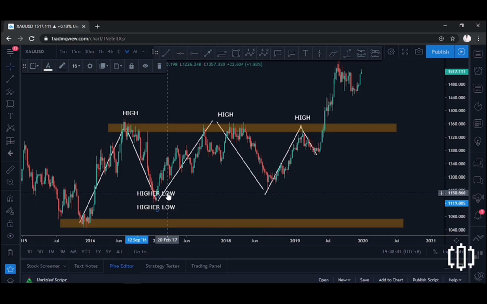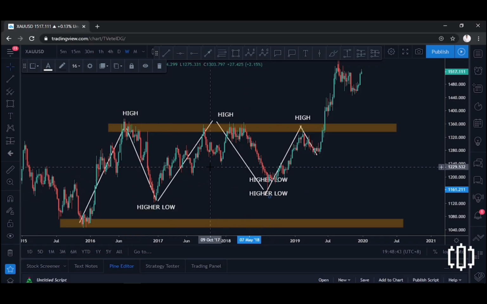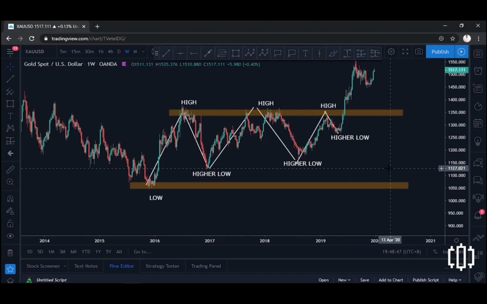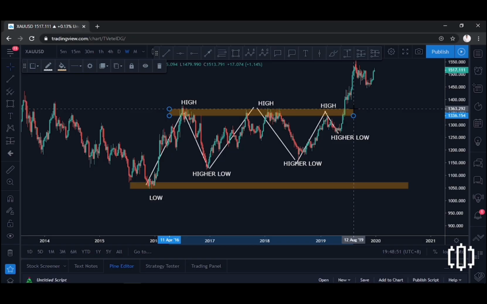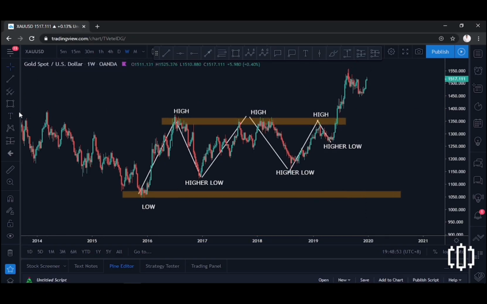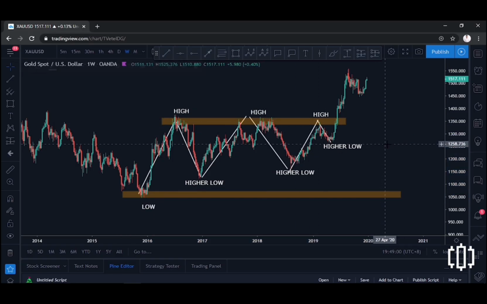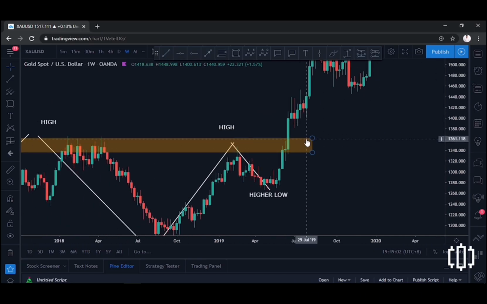But as you can see na meron siyang higher low ulit, then meron siyang higher low ulit. Okay? So makikita mo na the bulls are pushing in, tinatry na nilang basagin yung resistance. Palakas ng palakas ng palakas. Yan, makikita mo, palakas ng palakas. That's why, at some point, binasag niya yung resistance.